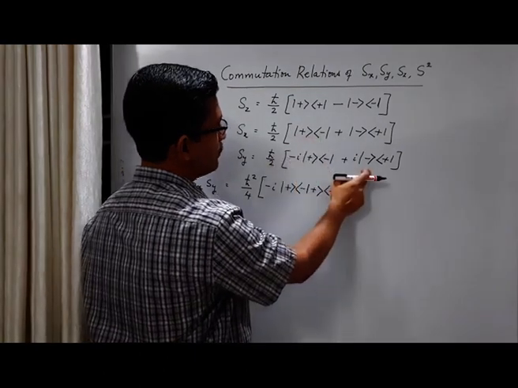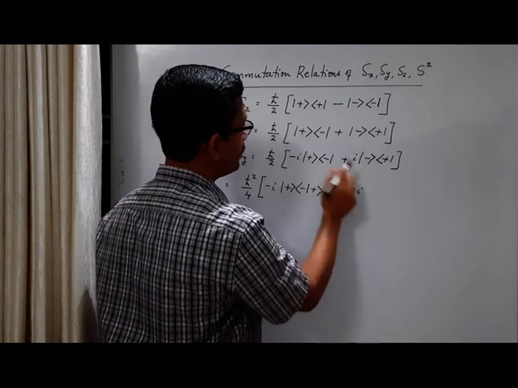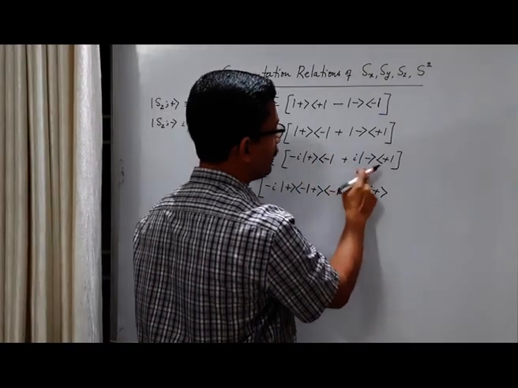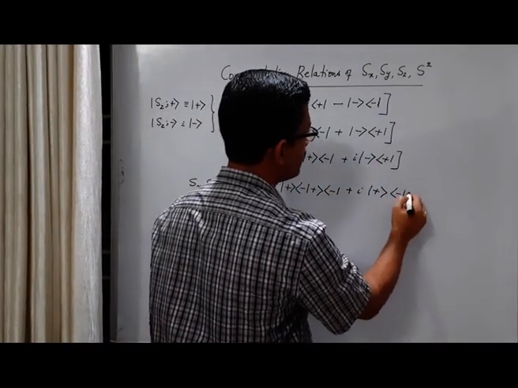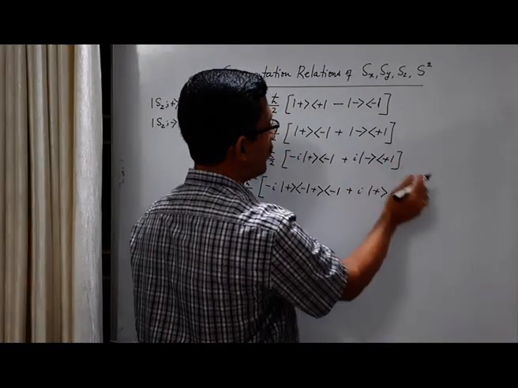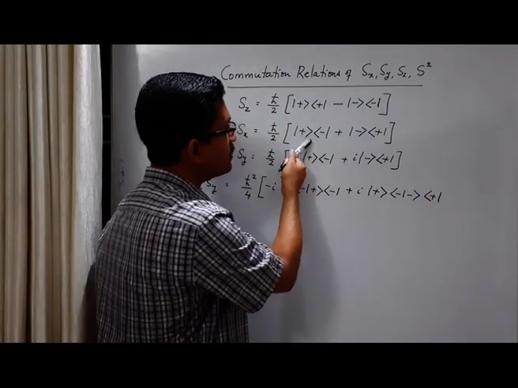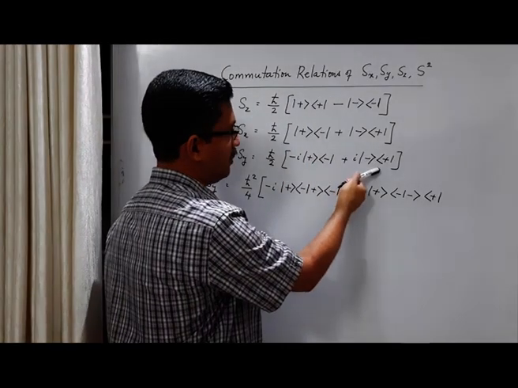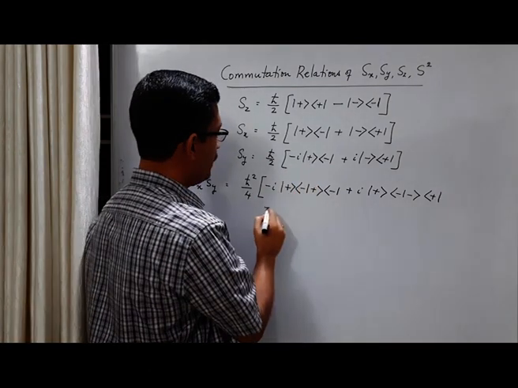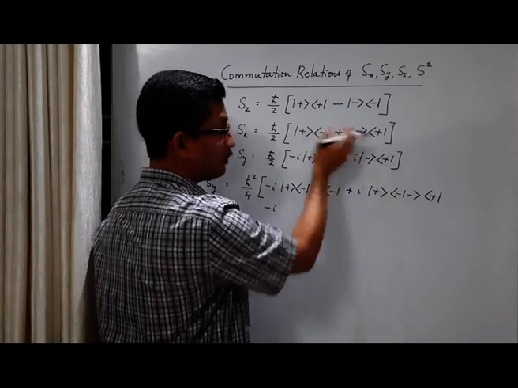Then this into this. What do you get? This i will be there. This into this, so this ket will be there. Then this bra vector will act on this ket vector. So we have bra vector minus, then ket minus, an inner product, and then this additional bra vector plus here. So I have multiplied this term with this one, this term with this one. Then you take this term, multiply this with this. So what you have? Minus i. This is appearing first on the left side.